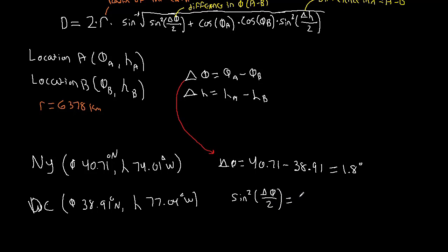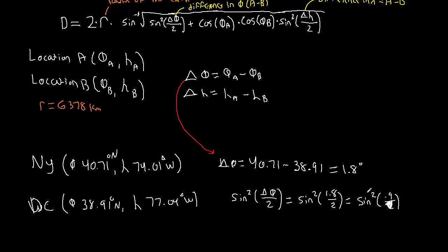That's the same as saying sine squared of 1.8 over 2, which is sine squared of 0.9. Sorry, not 0.9 over 2, just 0.9.